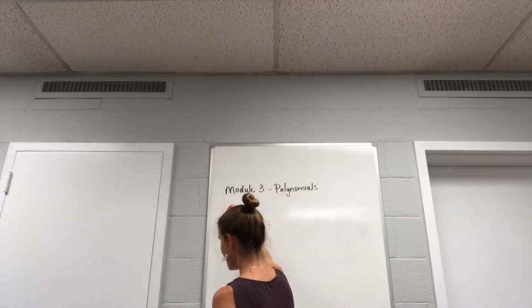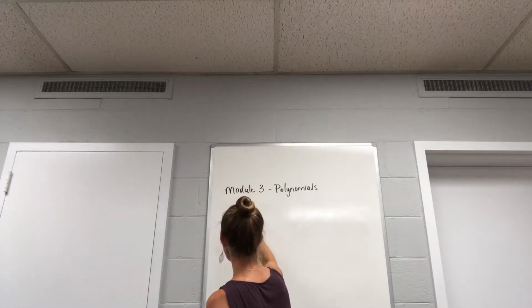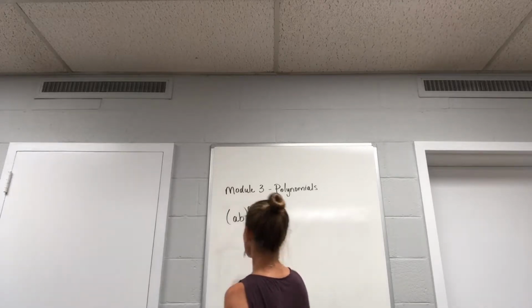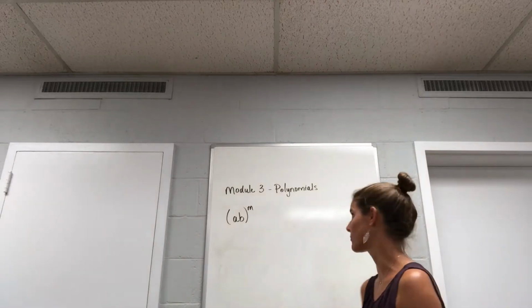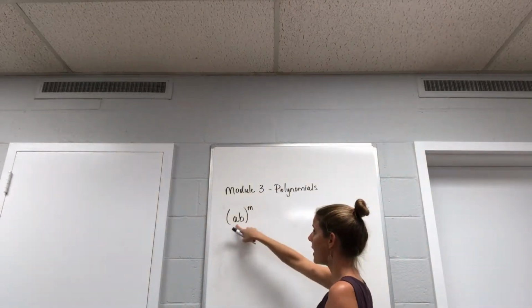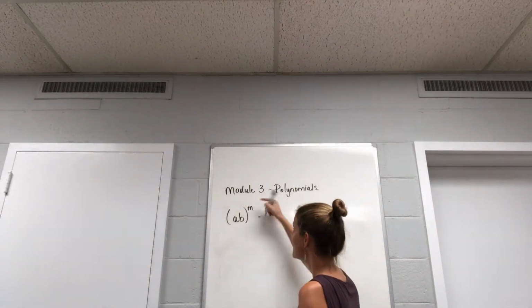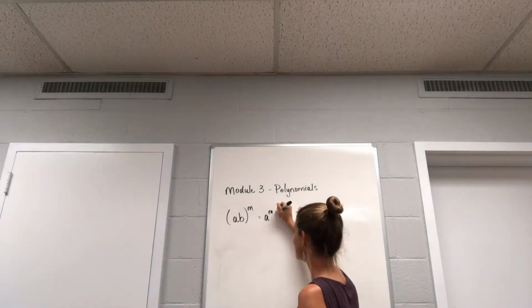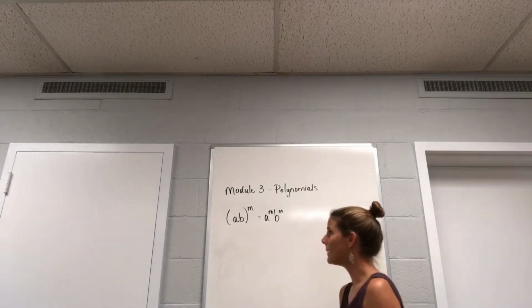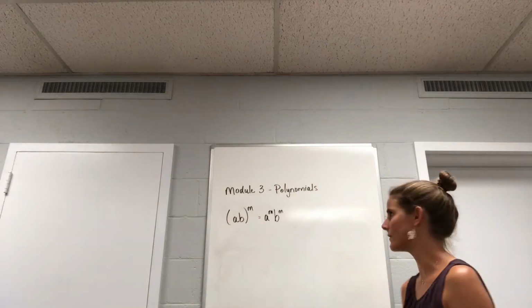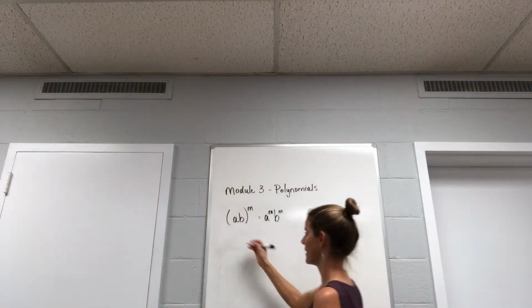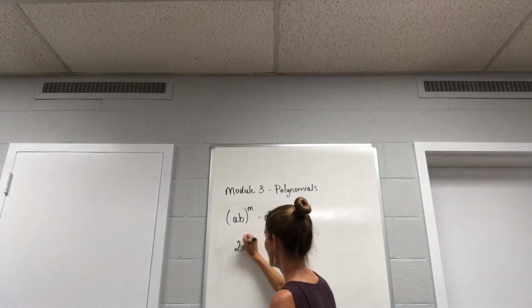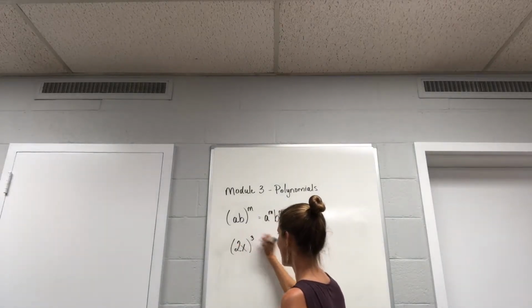So then we have the power rule, which you might also hear as the power of a product rule. If you have a product raised to a power, you just take that power and apply it to both of those. So a to the m times b to the m. This, I think, is a little bit more intuitive than the others. An example of this would be 2x to the 3rd power.